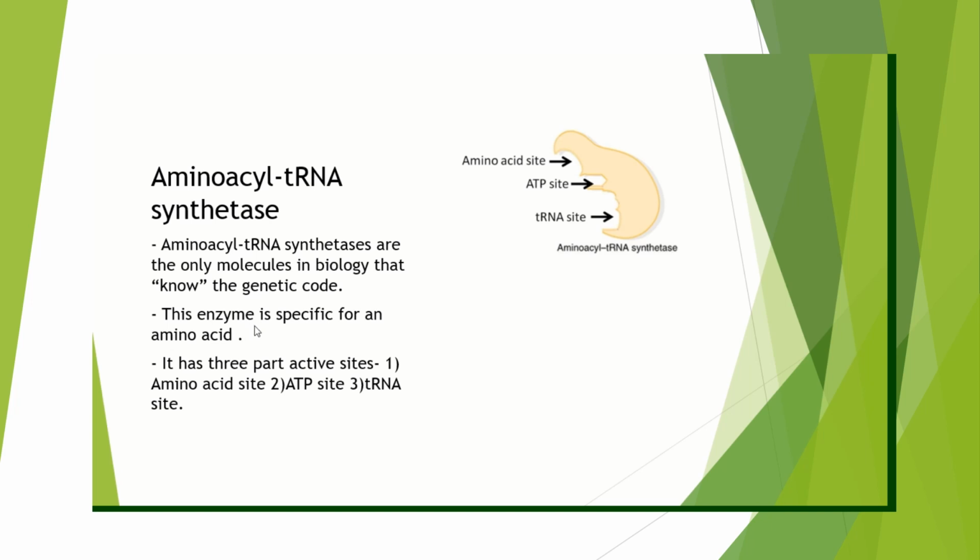So this enzyme is specific for an amino acid. And this enzyme has three-part active sites. They are the amino acid binding site, ATP binding site, and tRNA binding site. In recent reports, we can see there are at least 23 different aminoacyl synthetases and each enzyme is specific for an amino acid.